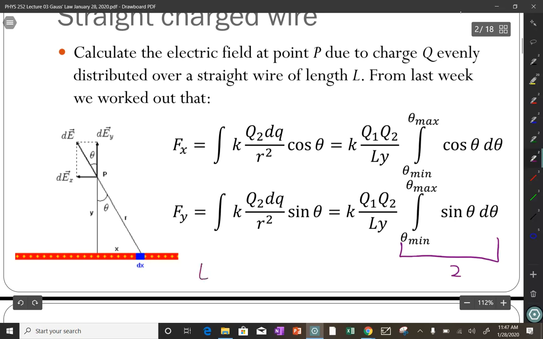So this gives us electric field in the y direction equal to K Q over L Y, and then I have to multiply by 2. And that is what we just found. It's the same equation, except for Y versus R, because we used a different label. Right. So now we've seen that we can find it with both methods. Now, ultimately, which method was simpler?